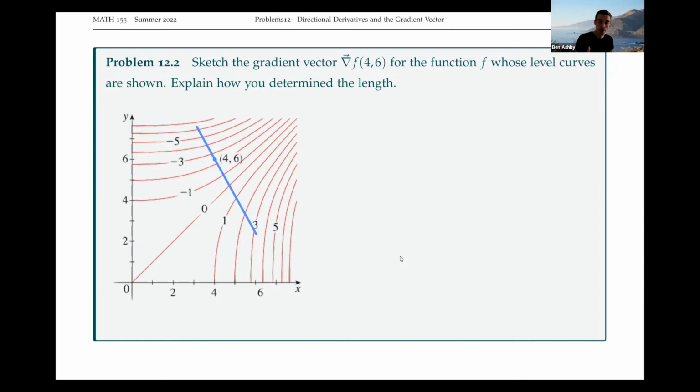Okay, so we know that our gradient vector is orthogonal to our level curves. Our point that we're interested in, (4, 6), doesn't actually pass through a level curve, but we can estimate a level curve here. This level curve below is minus 2, so this is probably about minus 2.5, say. So that's where our point (4, 6) is, sitting on the level curve minus 2.5.